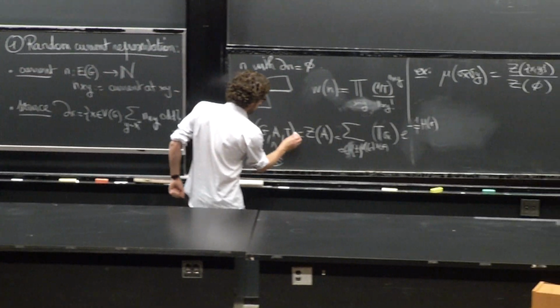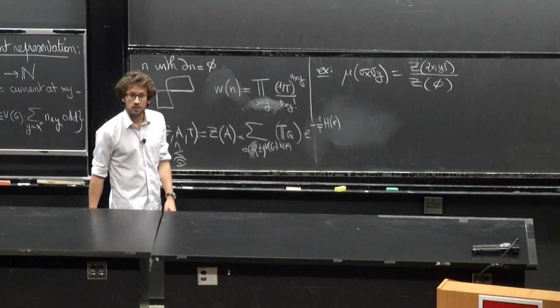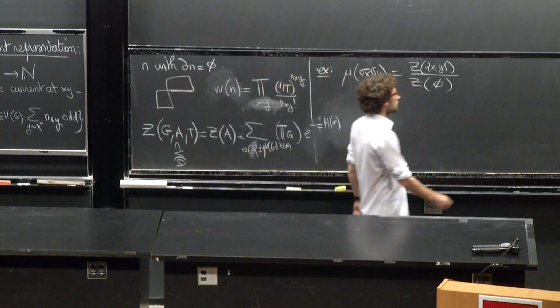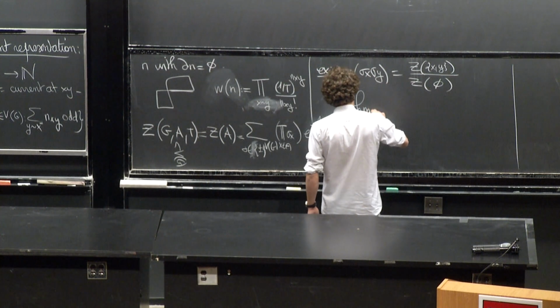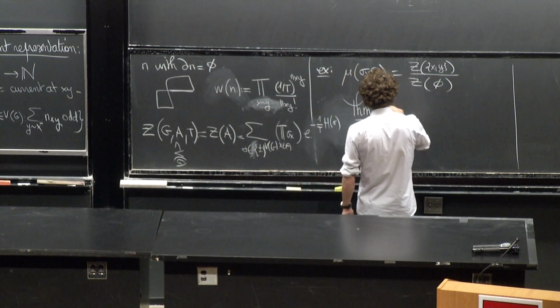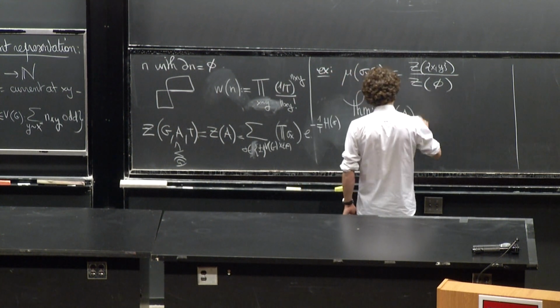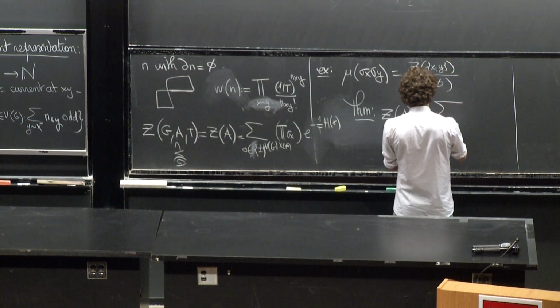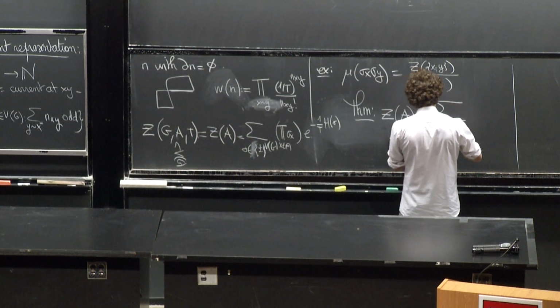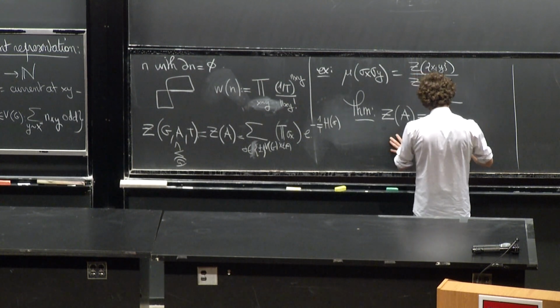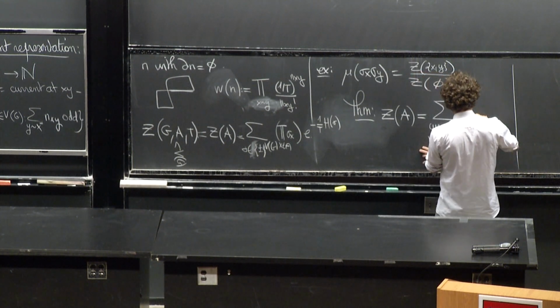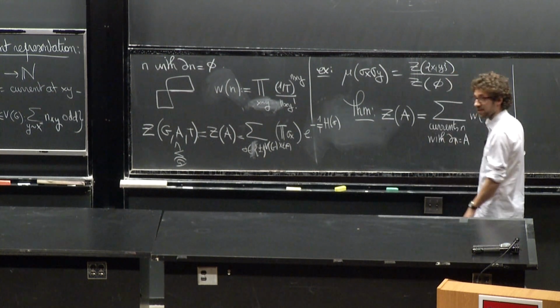And now let's see the first theorem in this area. So, proposition, or theorem. In fact, when I look at Z(A), this is just the sum over currents n with sources exactly equal to A of the weight W(n).